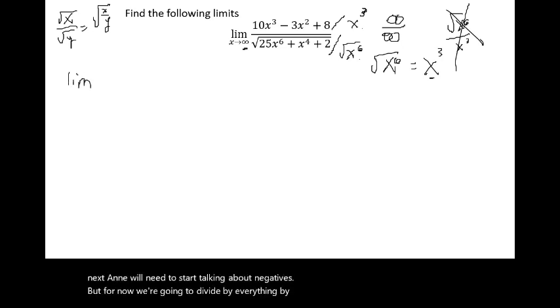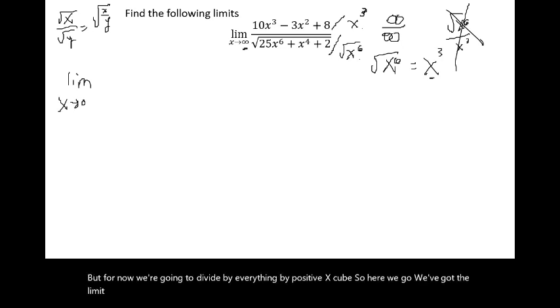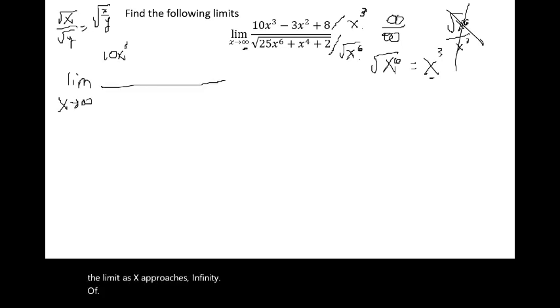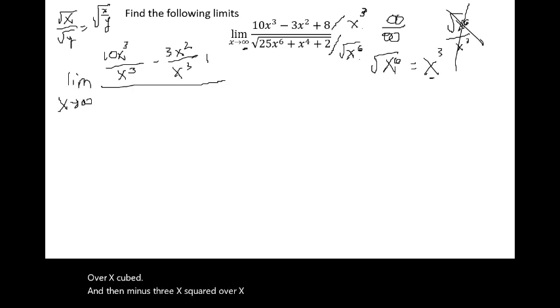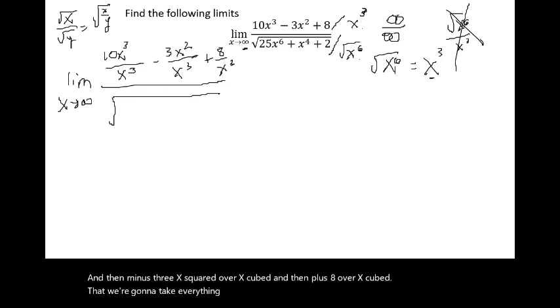So here we go. We've got the limit as x approaches infinity of 10x cubed over x cubed, and then minus 3x squared over x cubed, and then plus 8 over x cubed. Then we're going to take everything inside that square root in the denominator, and we're going to divide it all by the square root of x to the 6th.